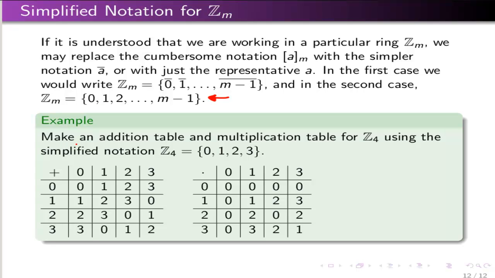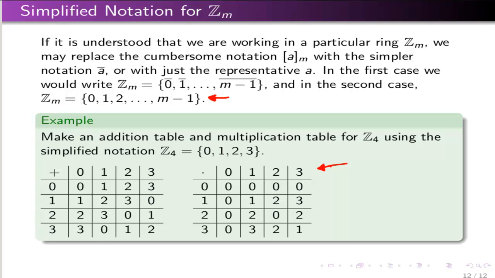So here's an example. If I'm working in Z_4 and I want to write down the addition and multiplication tables, I just use the integer representatives, these canonical representatives, 0, 1, 2, and 3. Now, there's another way to think about this multiplication table.